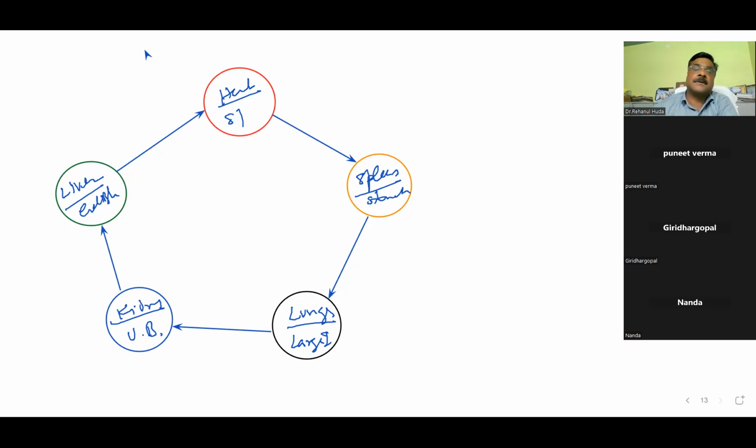So in electropathic treatment, for example, if there is a hypofunction of the heart, if there is any problem in the heart, you are just treating the heart, but you are not considering the liver.